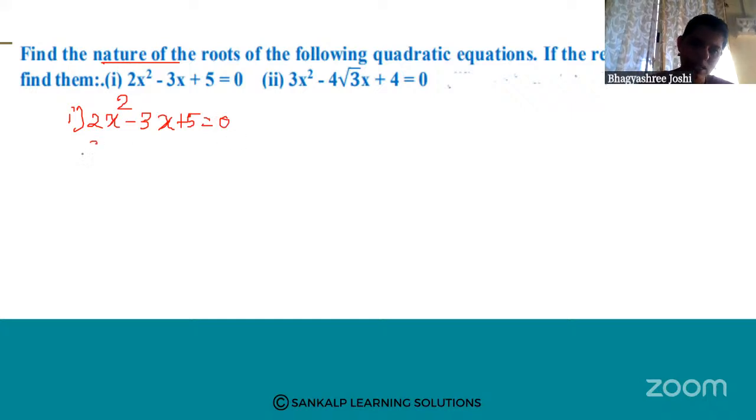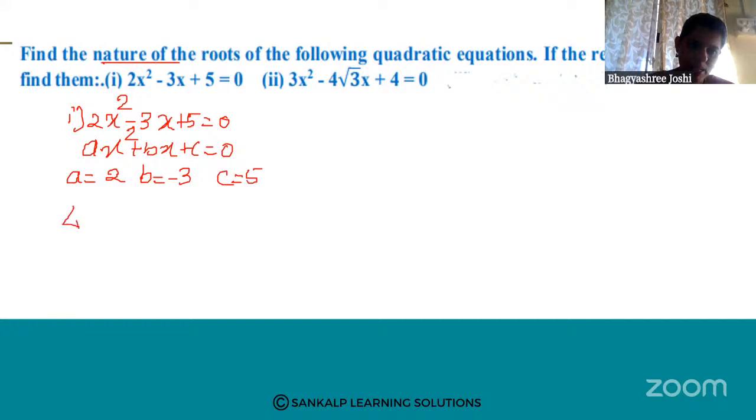This is a quadratic equation of the form ax square plus bx plus c equal to 0, right? So now a value is 2, b is minus 3, c is 5.